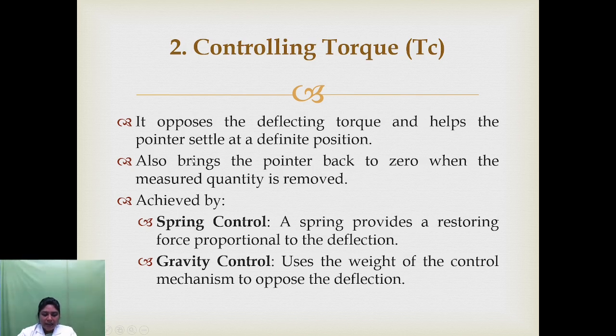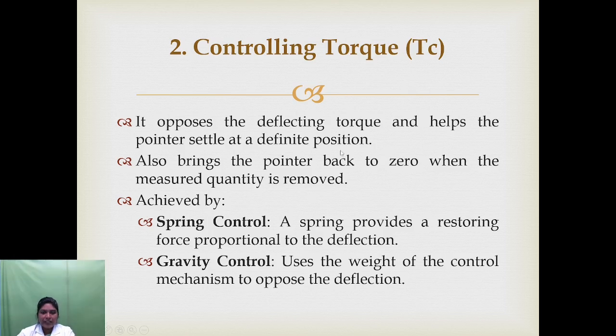The main function of the controlling system is to produce a force equal and opposite to the deflecting force, so that the pointer comes to a definite position. And if the measured quantity is removed, the pointer should come back to the zero position. This is made possible by the controlling system.